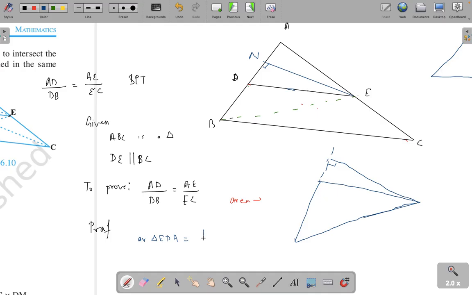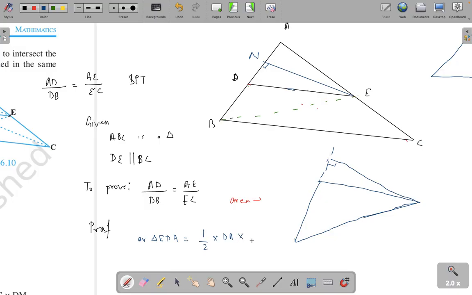Half times base times height is the area, right? So half times DA times EN.